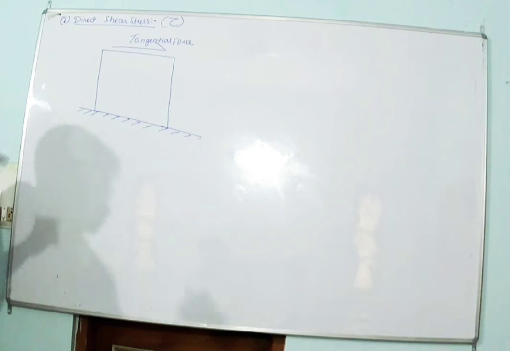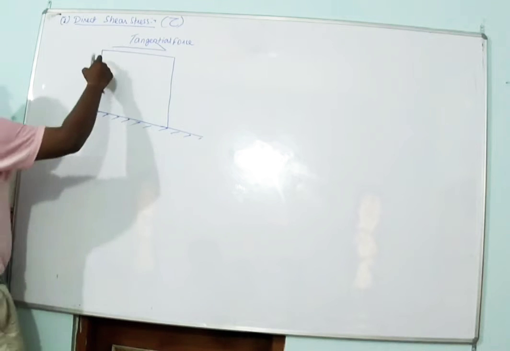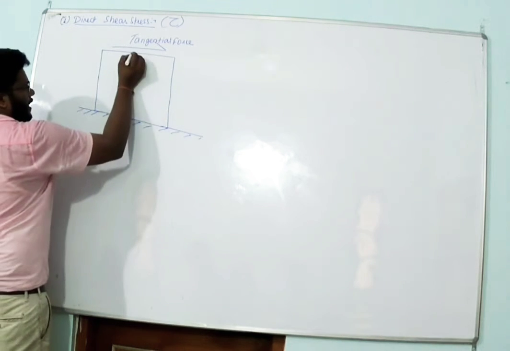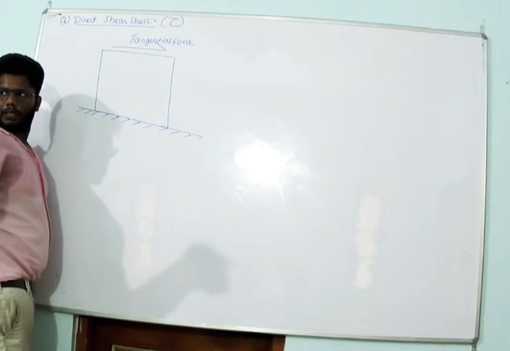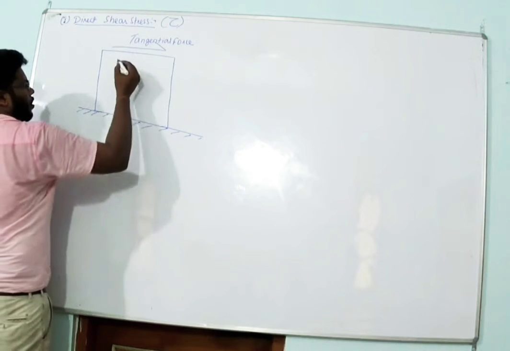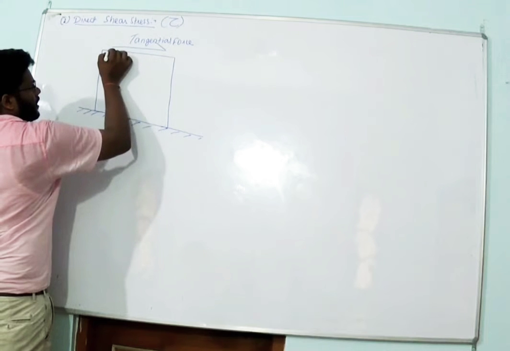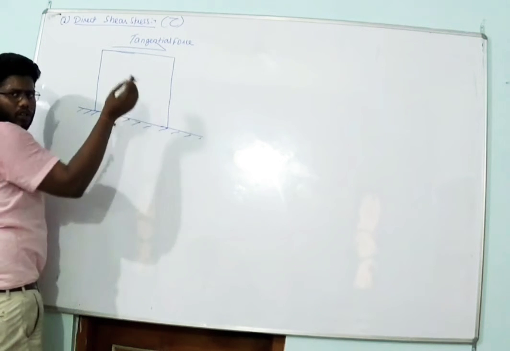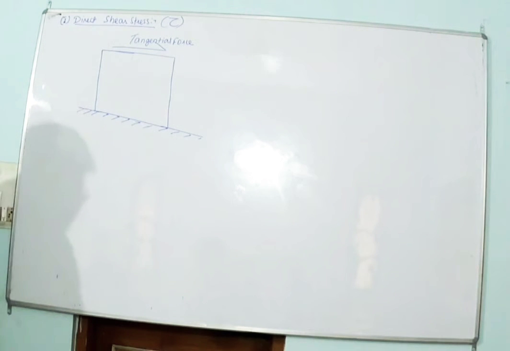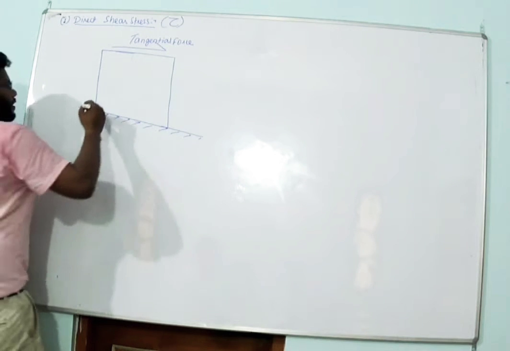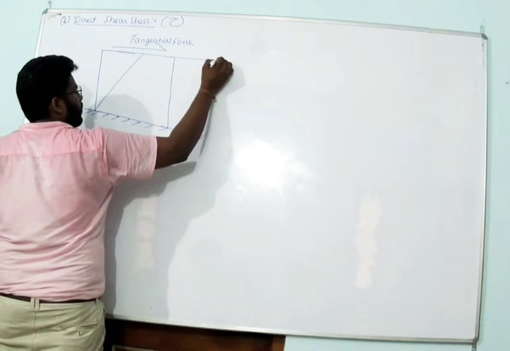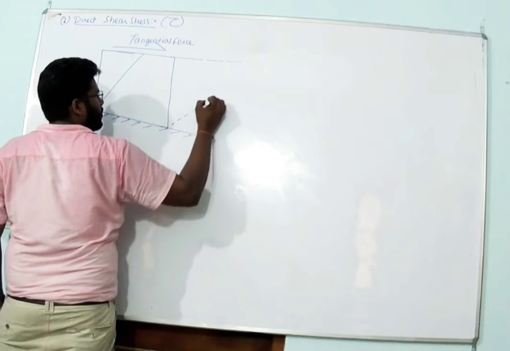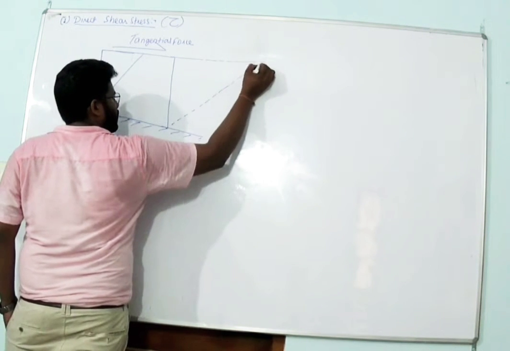This element will try to slide, the upper element will try to slide. Now these particles have bond energy between them. They are connected with each other by some bonding. If they have a bond, that means if this one tries to move, obviously the lower layer will also try to move along with it. So here it will be deformed. Correct?